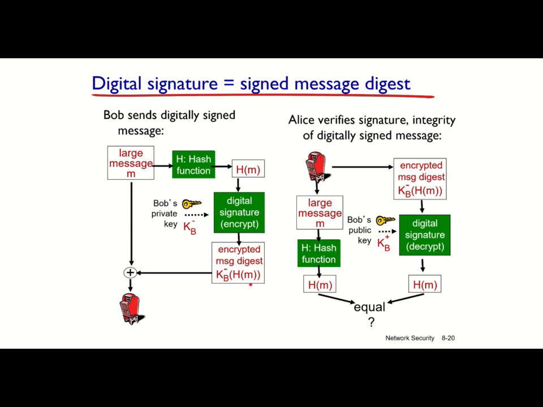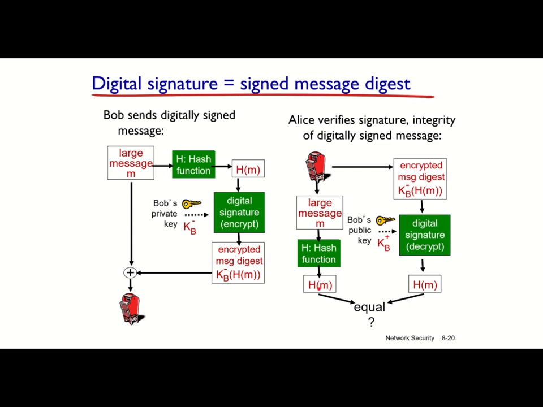So on the receiving side, when Alice wants to verify the signature to see whether Bob has sent it, and also wants to check the message integrity and see whether the message was altered in the middle of the way or not, she can simply use that hash function again. The hash function is public, everyone can see it, so she can apply that hash function to the received message M to get the hashed value of the received message.